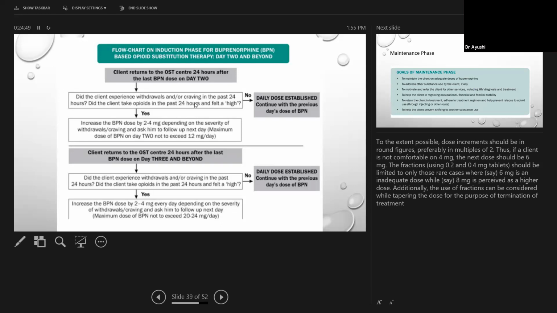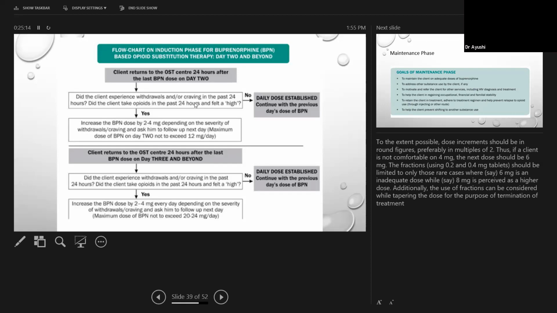But if the patient didn't return on day 2 and returns after 3 days or beyond, then we have to ask the same question. If he has experienced any withdrawal or craving in the past 24 hours or has taken any opioid, if no, then the daily dose which was established, we continue with that. And if he has experienced any withdrawal, then we increase the buprenorphine dose by 2 to 4 milligram every day, depending on the severity of the withdrawal.